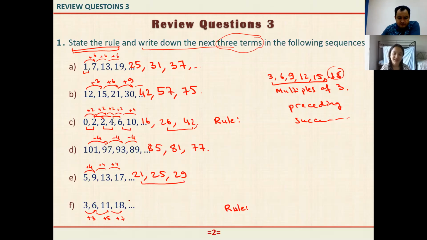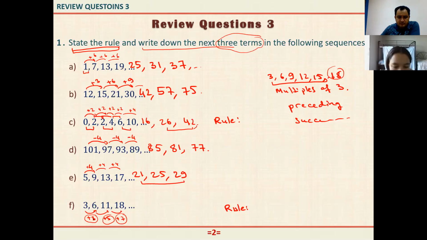I have the idea. I think let's start off with 3. If you see the differences between the 3, 5, and 7, they're 2. Okay, what are these numbers? They're odd numbers, but starting with 3.